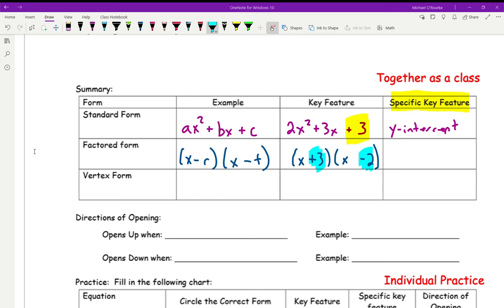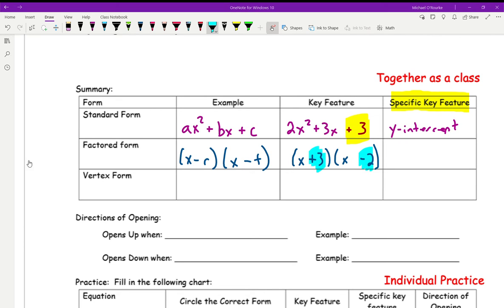Now we have a negative in front of here, which should tell us it's going to point down. We have a negative 3 and a negative 6. So land of opposites tells us that the x-intercepts are going to be 3 and 6. And last one here, it looks like factored form. This is common factored. So we're going to have a positive 3.